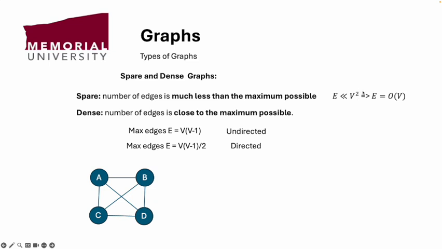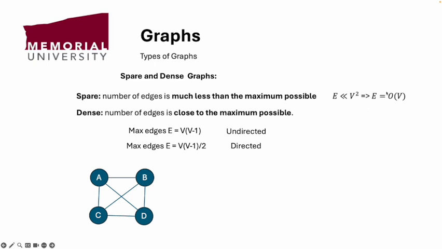Why do we use V squared? If we expand, we have V squared minus V, and here V squared minus V divided by 2. For the definition, we take the V squared part, much less than V squared.